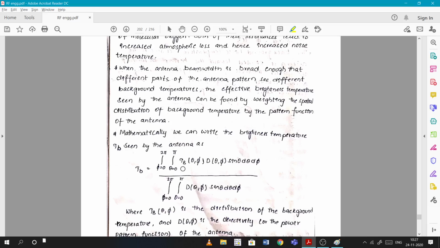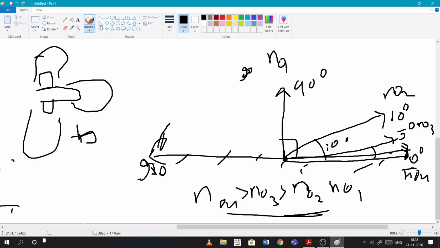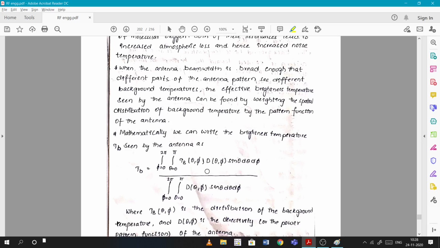We call background temperature denoted by capital TB, whereas brightness temperature is denoted by capital T small b. Here we have to take all these background temperatures and integrate them, so then we'll get the brightness temperature.